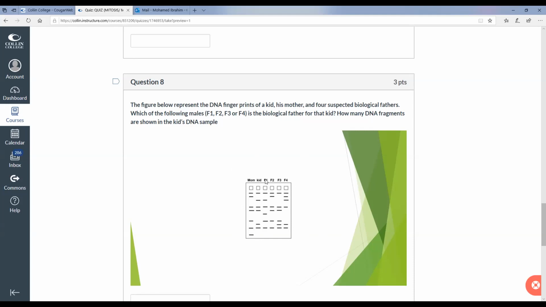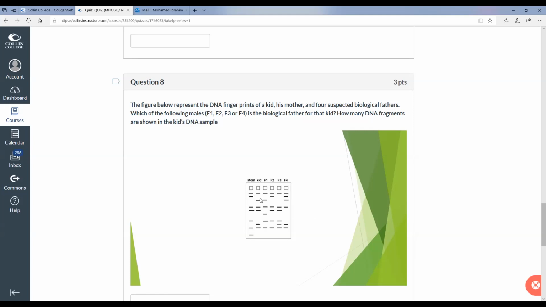It's paternity testing, and it depends on what we call DNA fingerprinting. DNA fingerprinting is basically to see those DNA fragments that the kid has in common with his mother and his father. Remember, 50% of the DNA for the kid comes from the mother and 50% comes from the father.